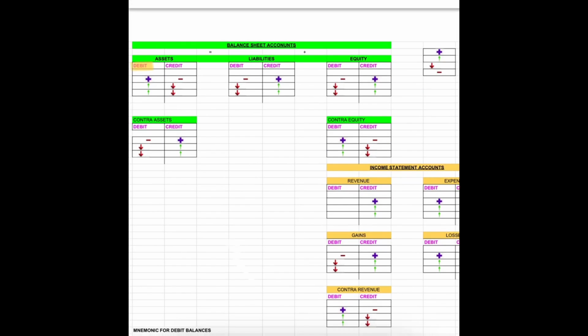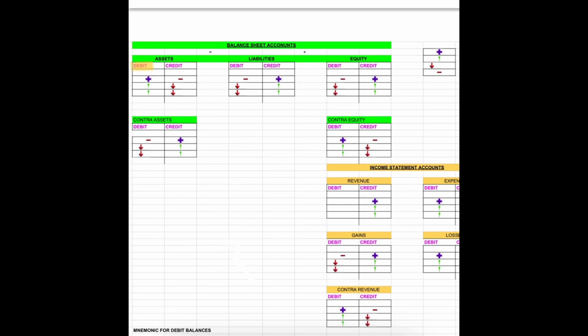Now let's talk about the other side of our balance sheet, which is liabilities and equity. While discussing the balance sheet accounts, I want you to keep the accounting equation in mind. Assets equal liabilities and equity.